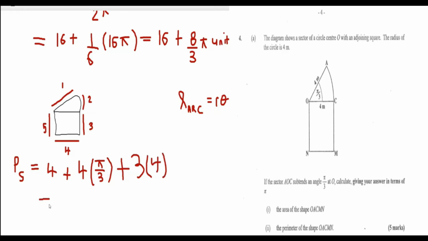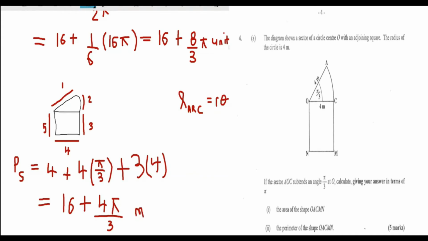And so the perimeter of the shape is going to be 4 plus 3 times 4, which is 12, plus 4 is 16. This works out to be 16 plus 4 pi by 3. Nice and easy. And perimeter is in meters.